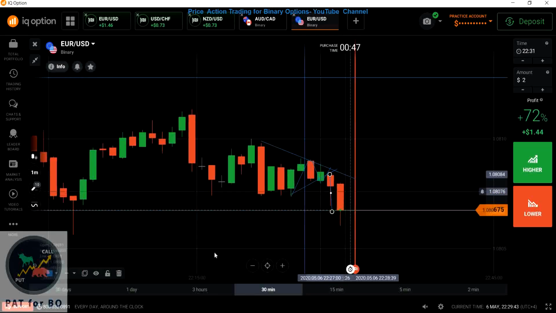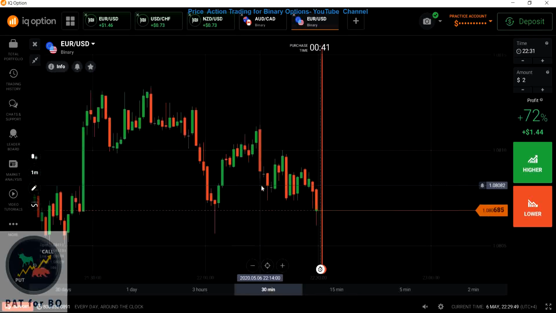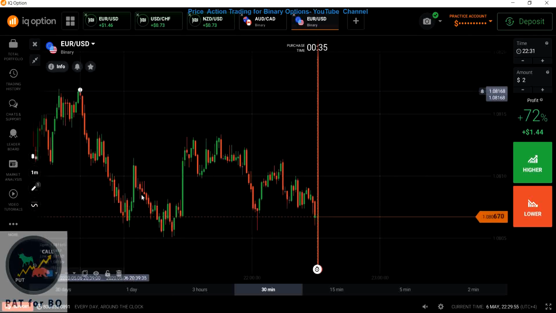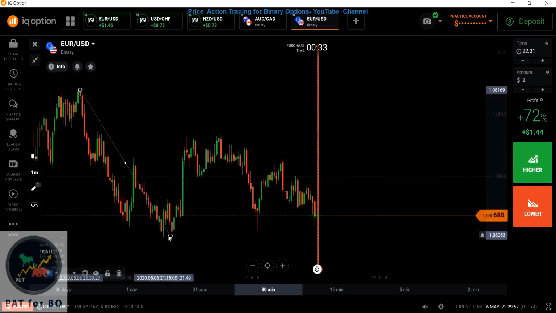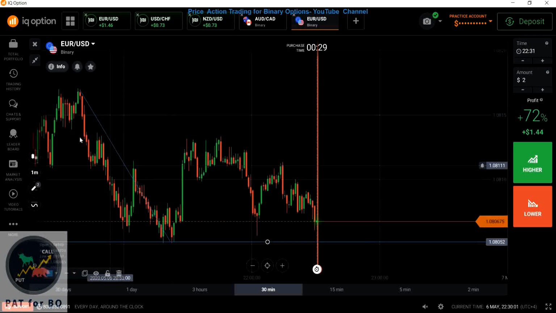Now SNR, let us see a few concepts of SNR. I'm not going to go in detail. Now SNR, when you see the highest point and the lowest point, you can consider this to be your baseline, which is a support level.